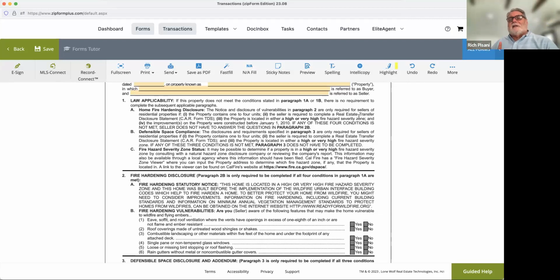So you want your buyer to know what they're going to be paying for insurance as soon as possible, because insurance is part of your investigation. So once you remove investigations, then they have no recourse. They are stuck with whatever premium they have to pay.